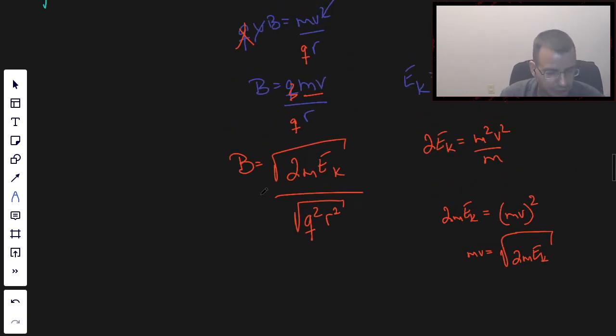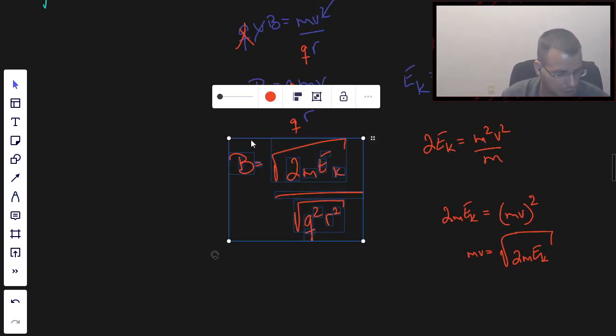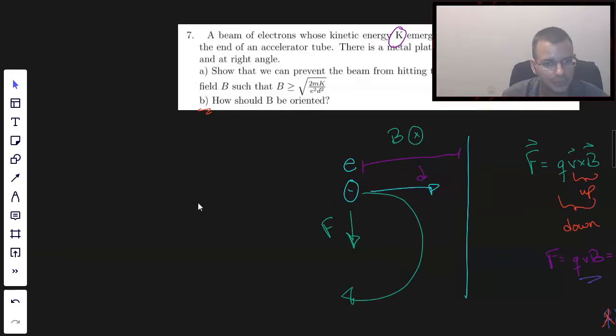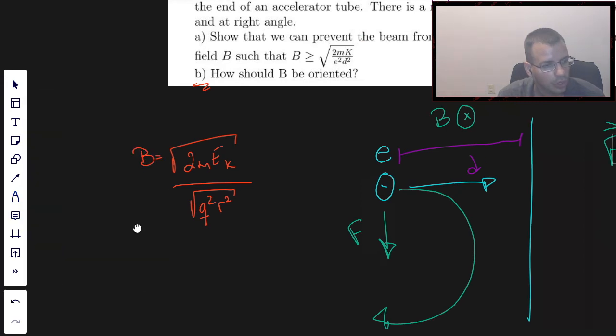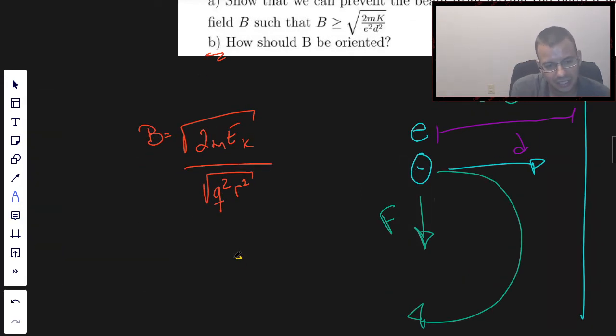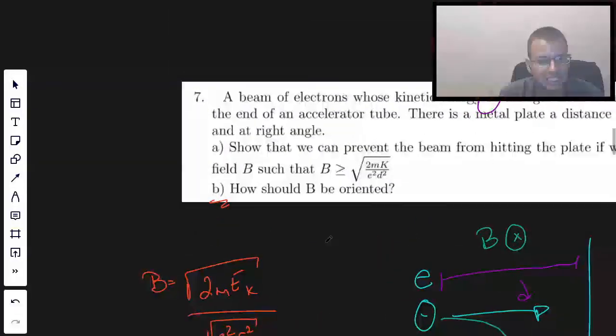I think we're like 90% there. We're just going to make sure that everything matches up with the notation they want. They tell us it's an electron, so Q equals small e, and they give us distance d, so R is d.